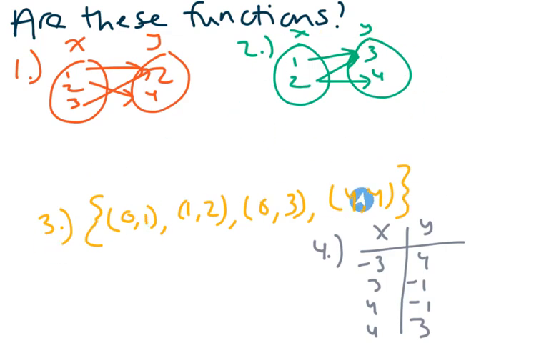Is the yellow gold one a function? And does the table here represent a function? We'll pause and discuss together in class, or I will do the explanation in the video and we'll fast forward through it in class. Take a moment and look at them.